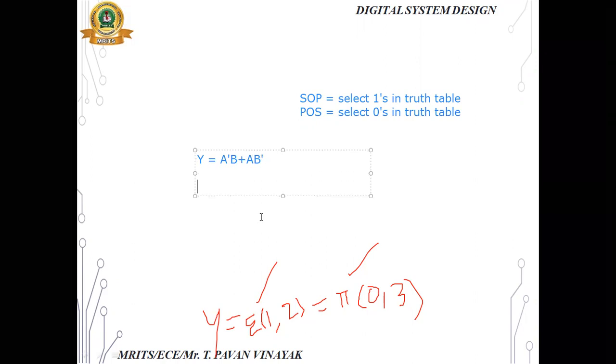Next, pi of 0 comma 3. Pi of 0 means what? A plus B into A bar plus B bar, right?